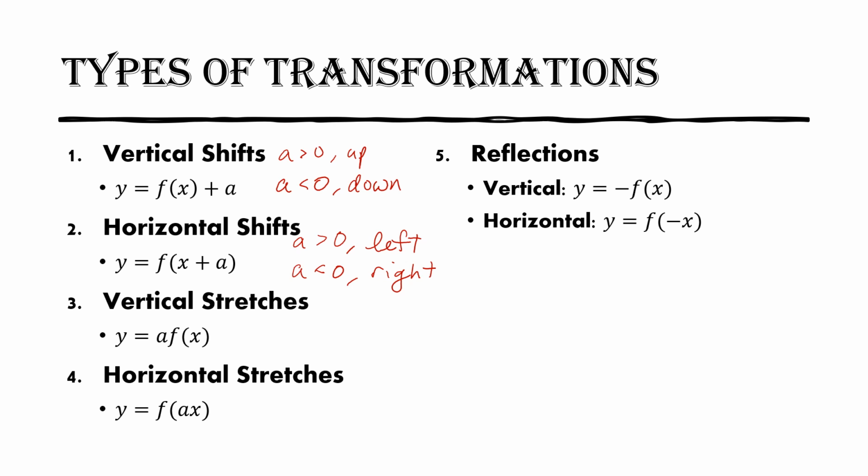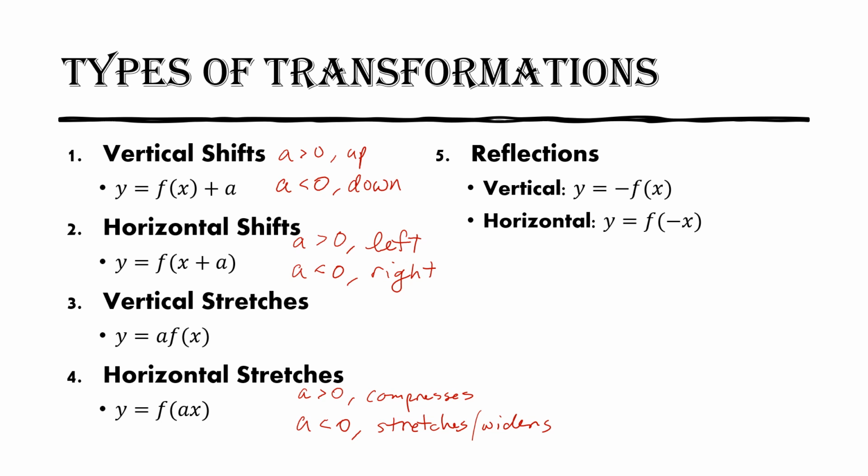Whereas horizontal stretches, on the other hand, to me, I think is a bit trickier. So remember that if a is greater than 0, this compresses the function. If a is less than 0, this stretches it or widens it. And then we talked about reflections.